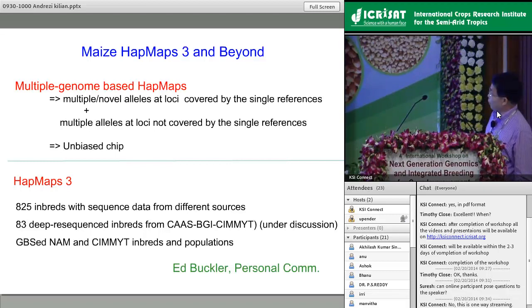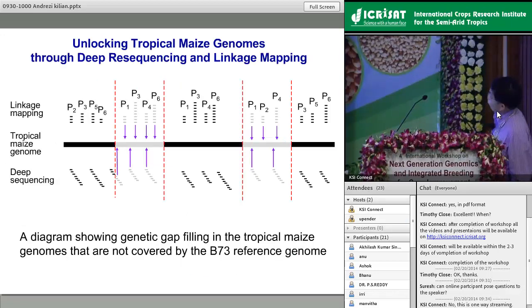Over 800 lines are used, and we are also trying to use the 83 deep sequence data from us, and also the GBS data, which Peter is talking about, lots of inbred populations that have been genotyped. So that's what HapMap 3 is going to be, or maybe 4. When I talked to Alex, he said maybe a lot of versions.